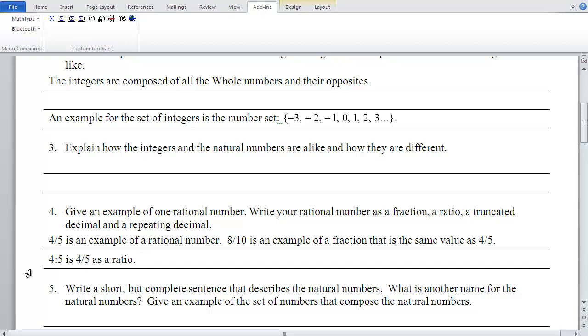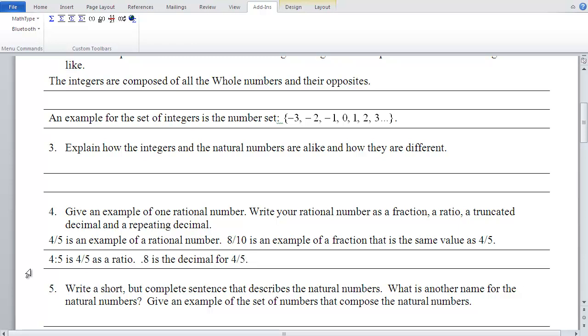Well, if you would take 4 and you divide it by 5, you add a 0 and make it 4.0. Well, 5 will go into 40 8 times, right? So really what we're looking at is 0.8 is the decimal for 4/5.